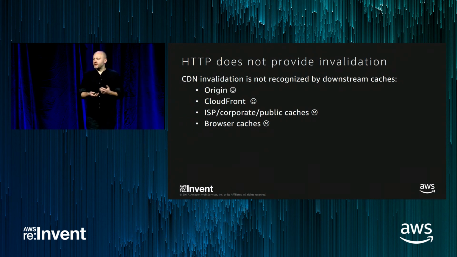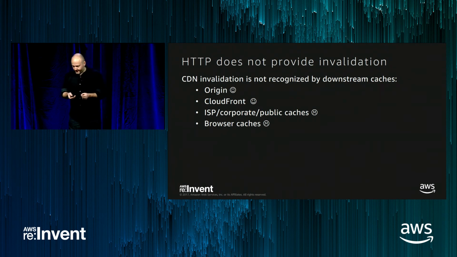But what you can't do is you can't invalidate content downstream. You can't invalidate content that may be in an ISP cache or in a public cache. You can't invalidate content in a browser cache. So although you can invalidate content in CloudFront, it's not really the answer when you want to update, you want to change, you've got a new version of content.